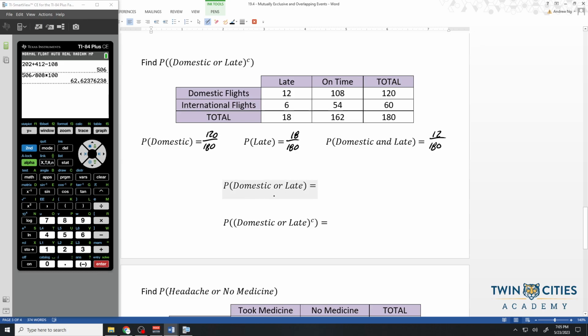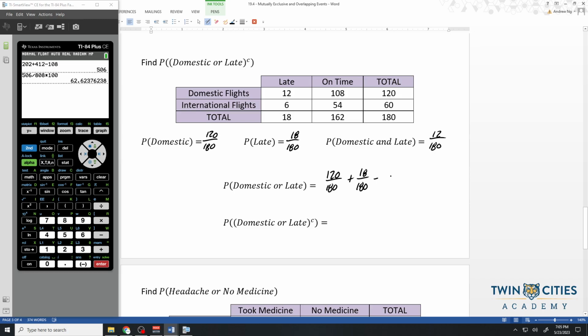So now let's calculate domestic or late. That's going to be the probability that I get something domestic plus the probability that I get something that's late. So it'd be this row here, top row, and then the left column, 120 over 180 plus 18 out of 180. But then I have to subtract the overlap, the ones that are domestic and late.